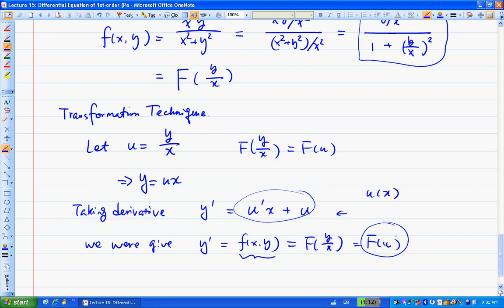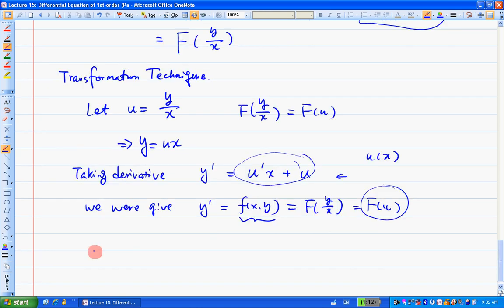In order to solve this, both having a y prime, you have to make this the same as this. So you have to make u prime x plus u equal to this. Otherwise, you can't solve. What's the reason that you impose this condition?